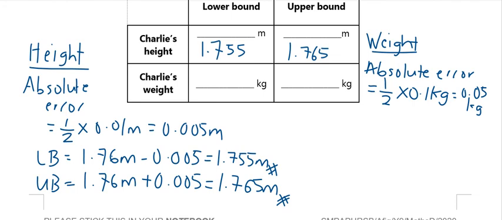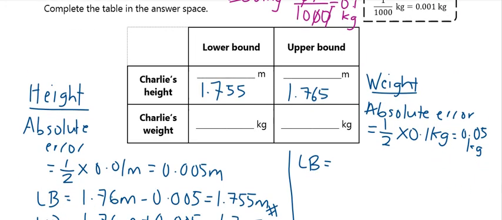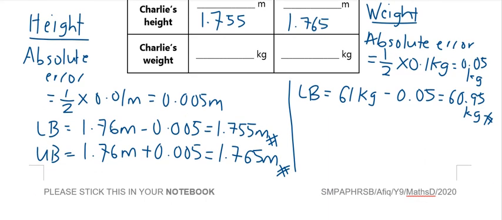For the weight, the lower bound will be, what's his measured weight just now? His weight is 61 kilogram. It's measured over here. So 61 kilogram minus 0.05. So it will give you 60.95 kilogram, right? Okay, so for the last one, it's your upper bound.